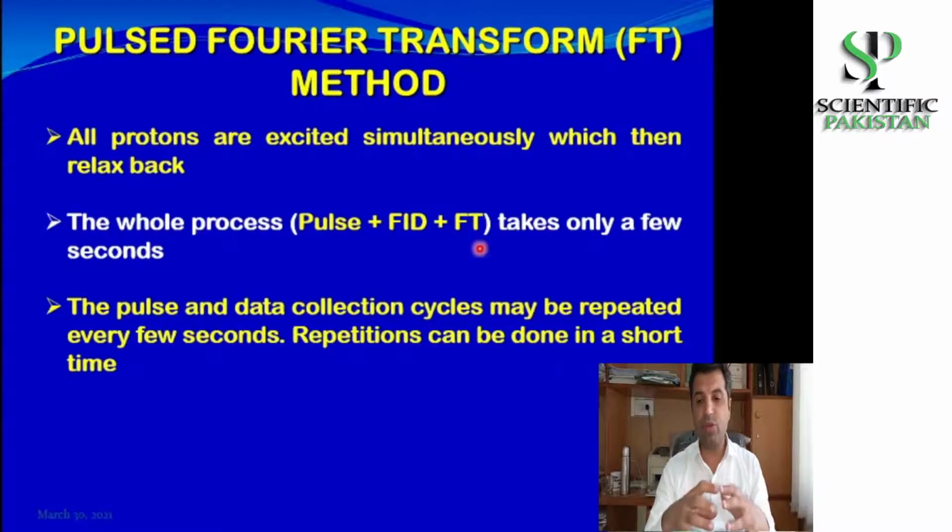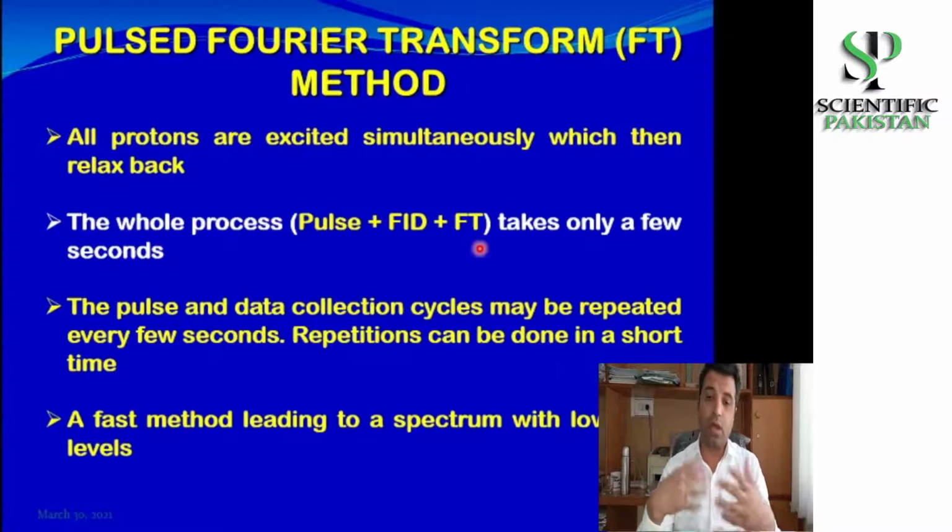And when you repeat it again and again, these spectra are stacked together upon each other, leading to a very intense signal with lower noise levels. Why we get an intense signal when you stack them together is because these signals will appear at the same position every time, and so the intensity multiplies. But noise is random, and that is why it grows by the square root of n, where n is the number of scans.